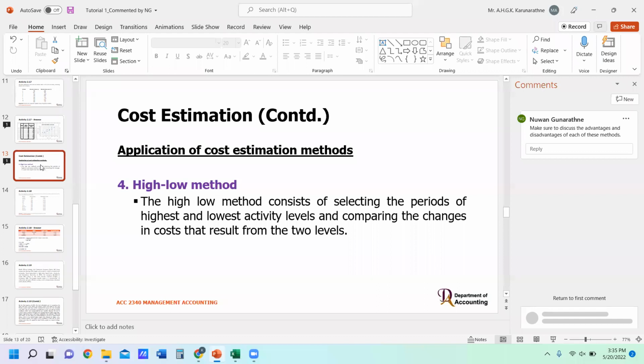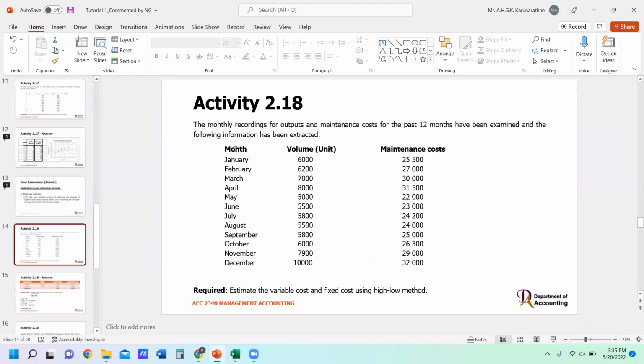Then there's another way of estimating our cost, that is the high-low method. So let's have a look at activity number 2.18. You are given monthly recordings, that means past observations, of outputs and maintenance costs for the past 12 months, and the following information has been extracted using historical records, past records for the previous months.